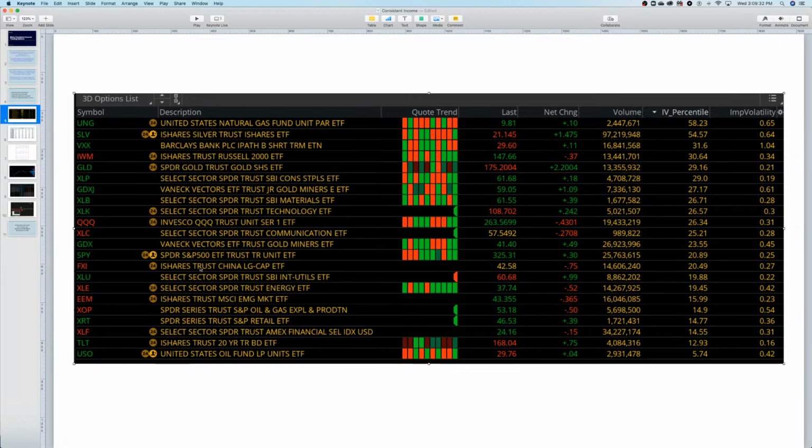We don't trade China that much. We try to stay away from that, although it is on the list. As well as oil, bonds, all of these are stocks or ETFs. They have certain things in common with each other. They're highly liquid, meaning they've got a lot of volume and a lot of people trade them every day.